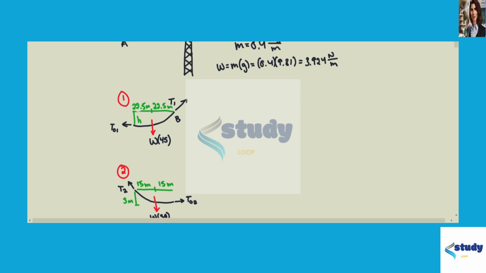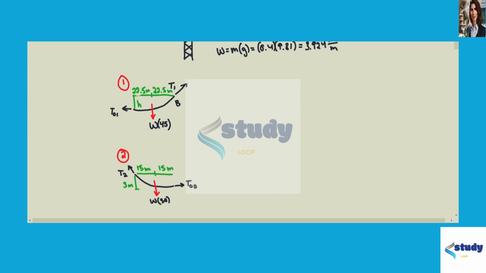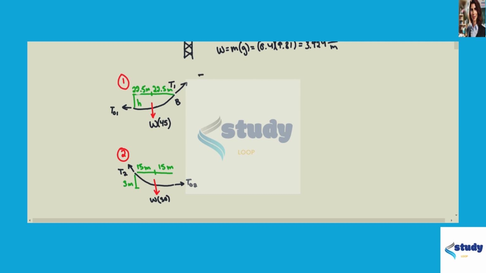We're going to start off with drawing the free body diagram for cables 1 and 2. The free body diagram is only for half the cable. We start with cable number 1 and do the sum of moments around B, set equal to 0.